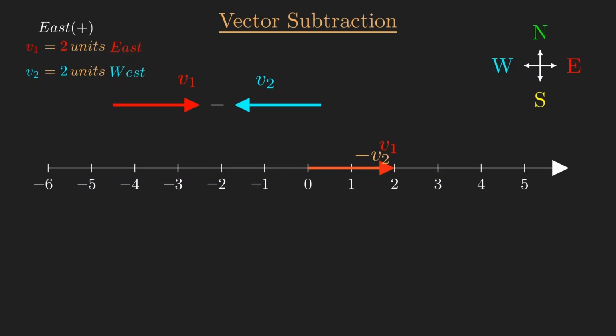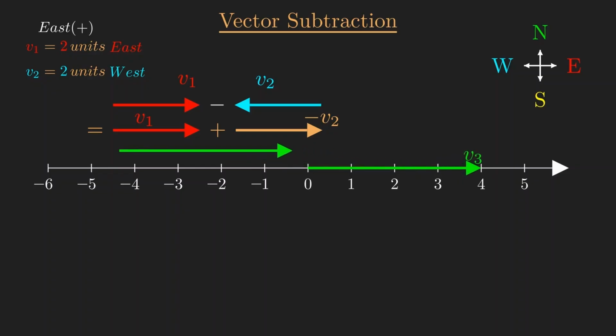The negative of V2 is a vector that has the same magnitude as V2, but points in the opposite direction. So the negative of V2 is 2 units east. Now if I add that to V1, the result is 4 units east.